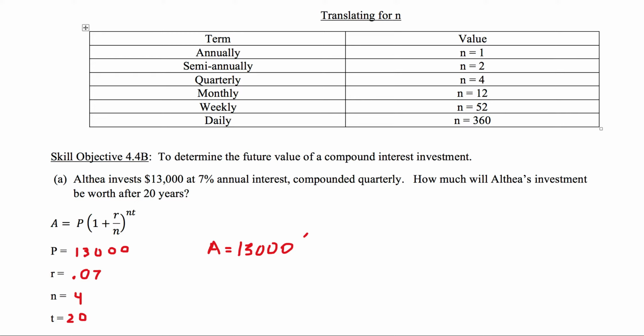We're going to open up this parenthesis. We'll put 1 plus, we'll plug in our R value on the top of the fraction, so R is 0.07. On the bottom of the fraction, we're going to put our N value, which is 4.